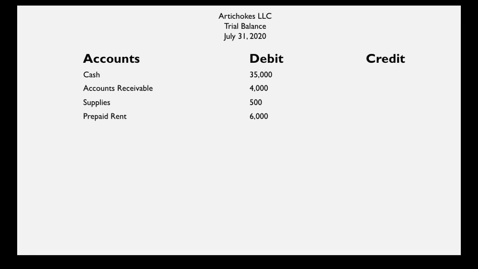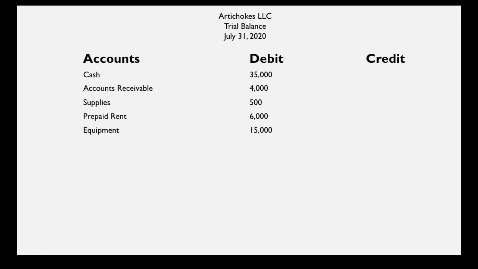Prepaid rent has a balance of $6,000, and that's another asset, so we put that in the debit column. And then equipment has a debit balance of $15,000. So those are all of our assets.